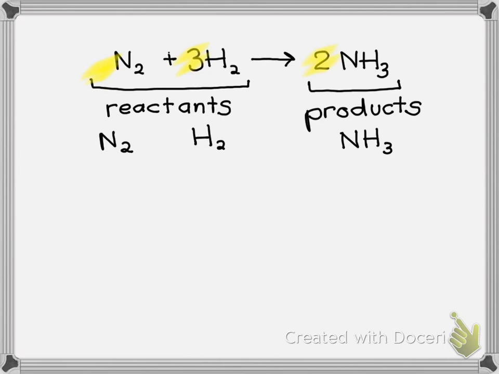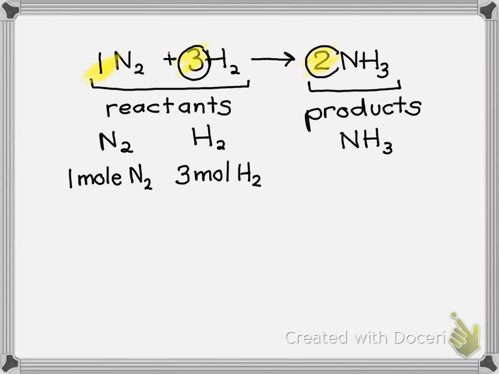So nitrogen, there's no number there, so we know that's 1, remember we don't write the 1. So I could say that in this reaction, 1 mole of nitrogen, and then hydrogen here has a 3, and so that's 3 moles of hydrogen. I just abbreviated mole because I'm running out of room. And then the ammonia is a 2.